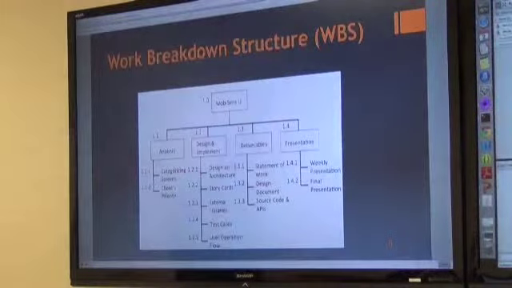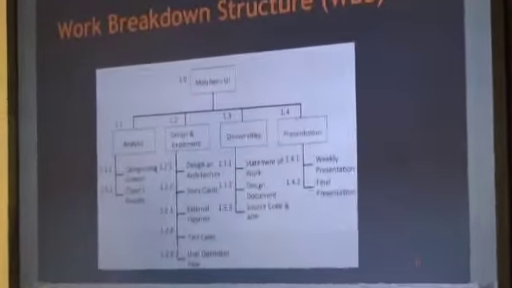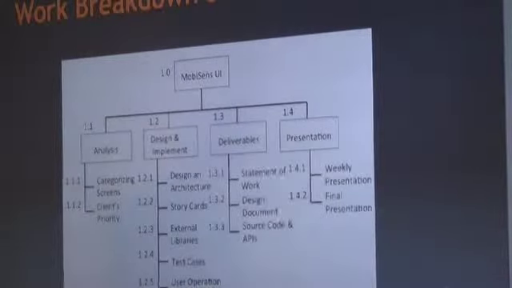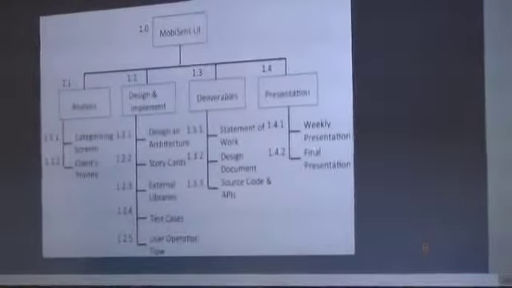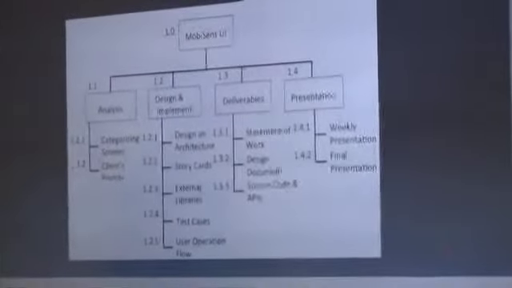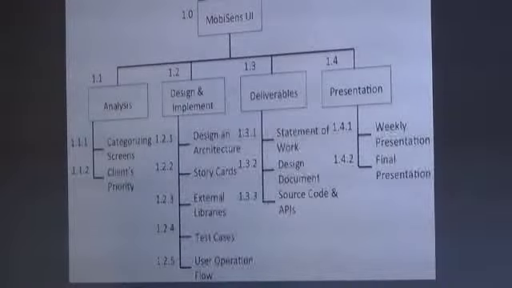This is the WBS, which shows how we break down the mobile ZENse project into different parts. The first step is to analyze. We need to understand the requirements from our client and what he needs. After we understand the client's requirements, we start working on design and implementation. Here a lot of software engineering processes come in.